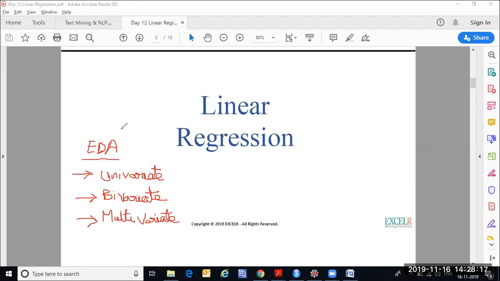So what exactly do you perform as part of univariate analysis? As the name suggests, we take each variable at a time, a single variable, and understand what kind of preliminary analysis we can perform on the single variable, friends. What all we can do?